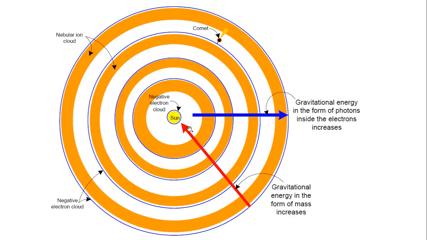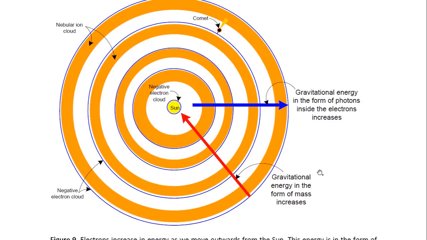So mass increases towards the sun, whilst the gravitational energy in the form of photons inside the electrons increases as we move outwards from the sun towards the edge of the solar system. So that means that the electrons in these different energy levels, or electron clouds, will increase in energy as we move outwards from the sun towards the edge of the solar system.